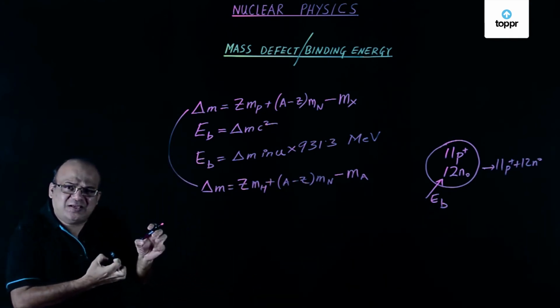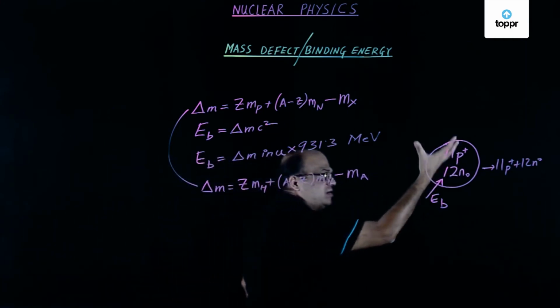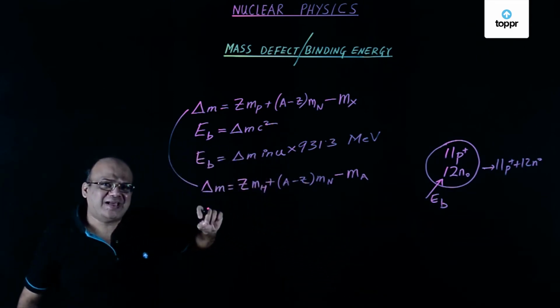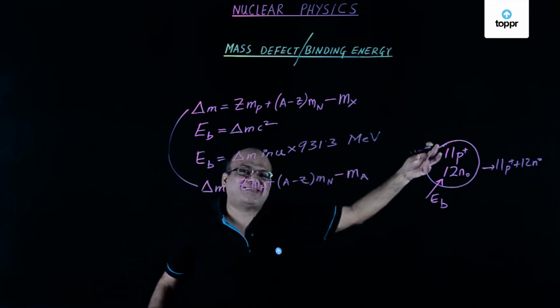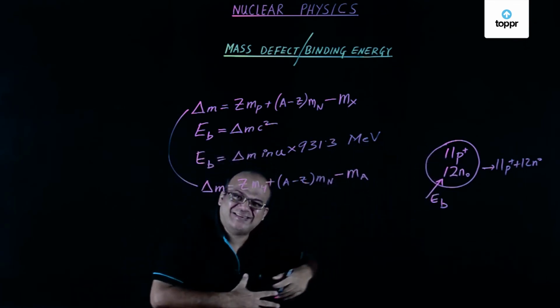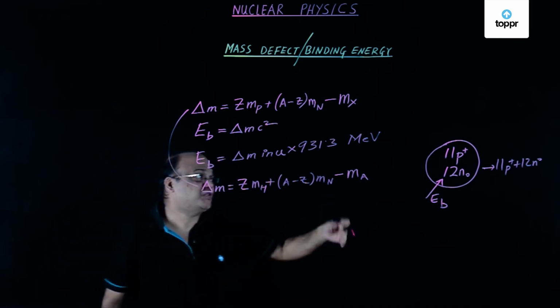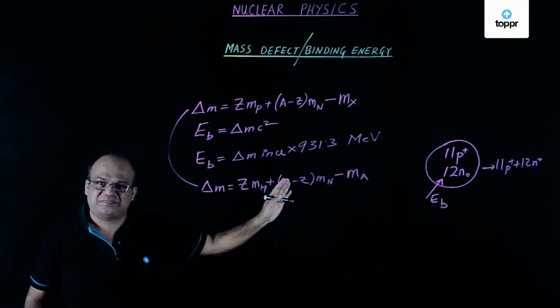Binding energy is also the energy required to separate the nucleons. Binding energy is not there in this nucleus, as that energy has been released.